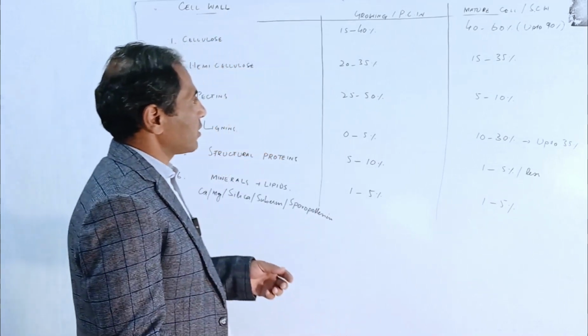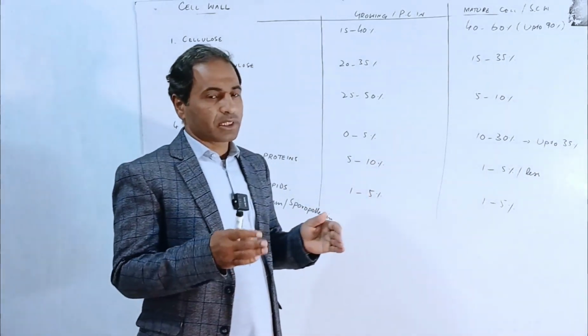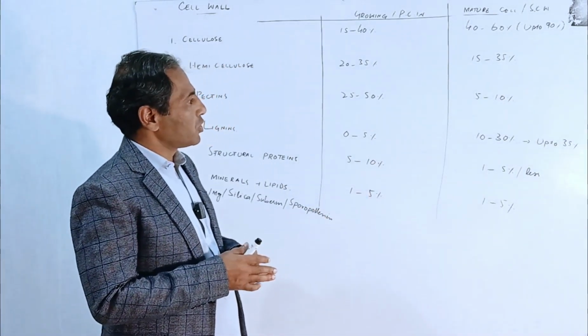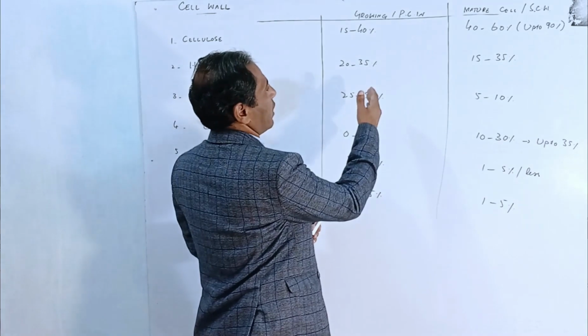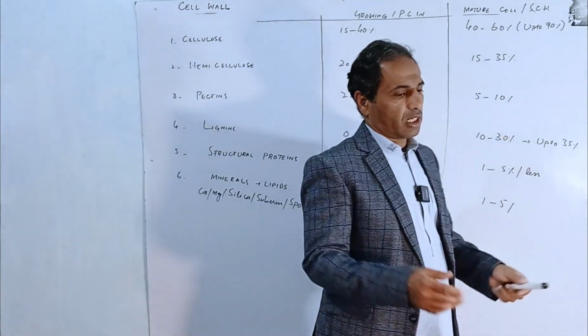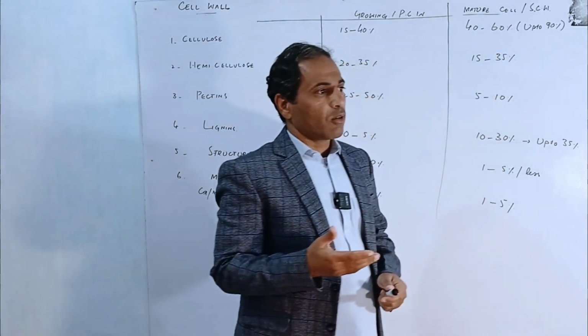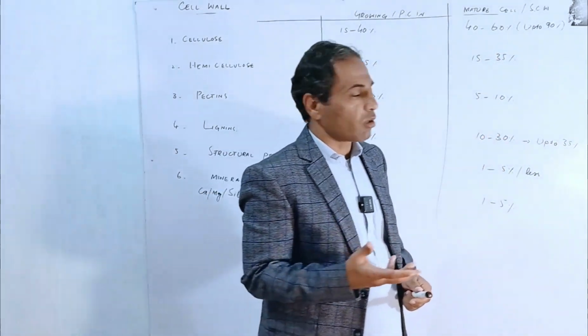As we know, the primary cell wall is a young, growing and expanding, early formed cell wall. So the composition of such a cell wall is different from the composition of a cell wall found in the fully differentiated mature cell wall, which is the secondary cell wall.